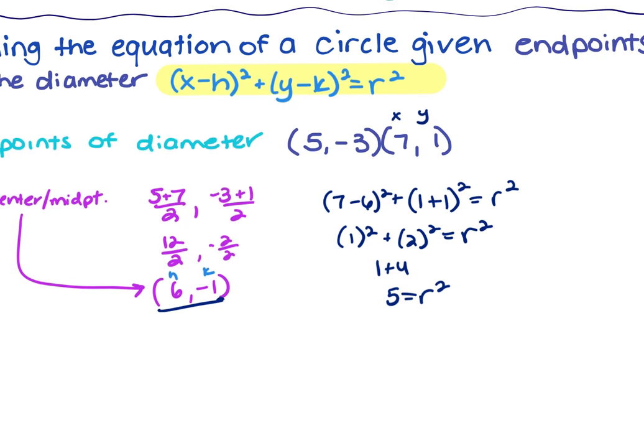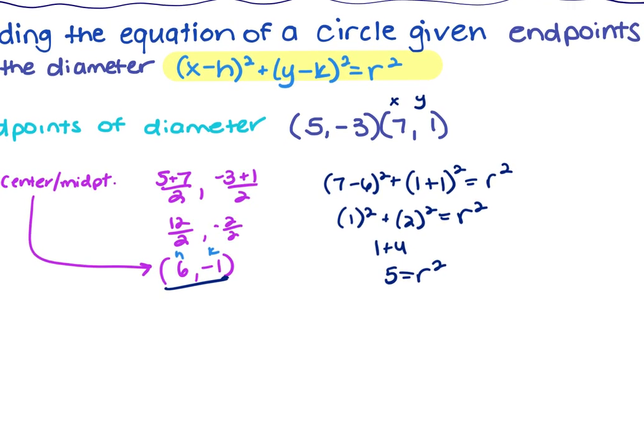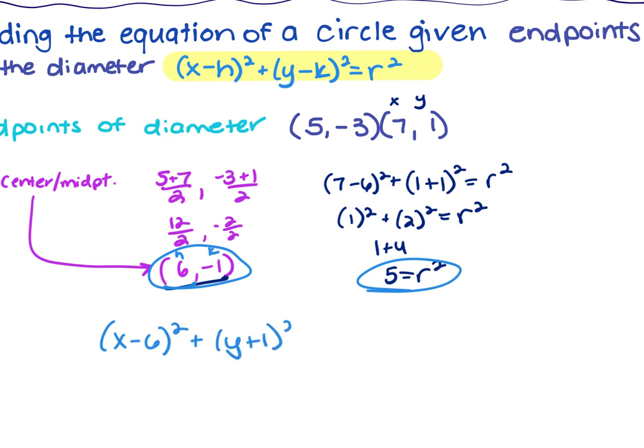So your r squared, which is what goes into the equation, is 5. And then you plug back in just the h, the k, and the r squared. And I would say be very careful there, because mistakes are made plugging in an x, y instead of the h, k.